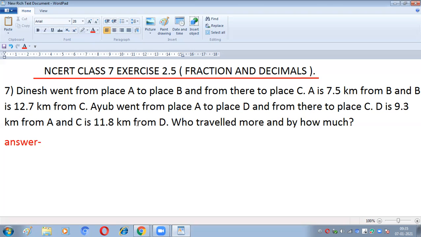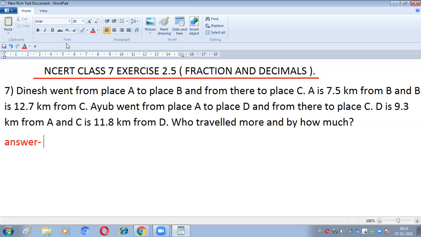So now we have to find who traveled more and by how much. That means, did Dinesh travel more or did Ayub travel more, and we also have to find how much he traveled more.